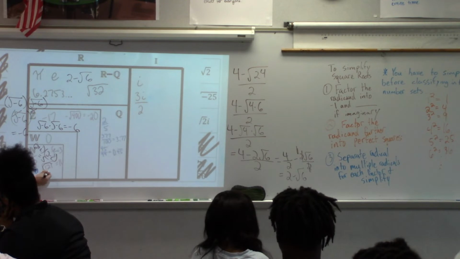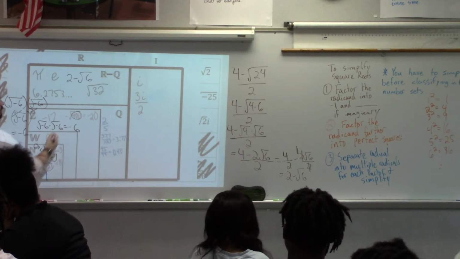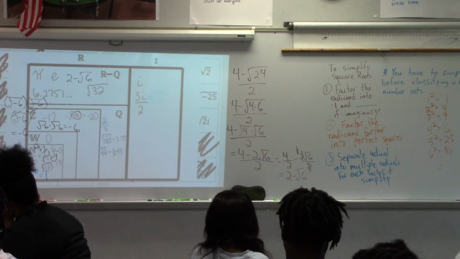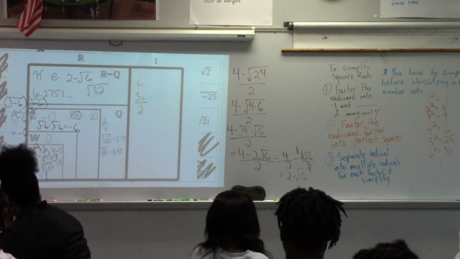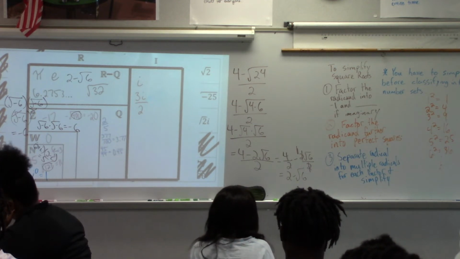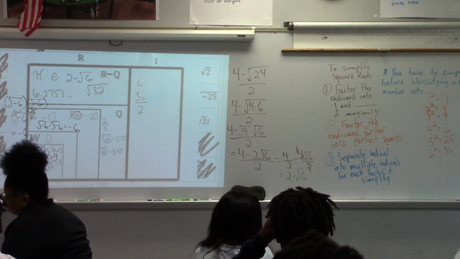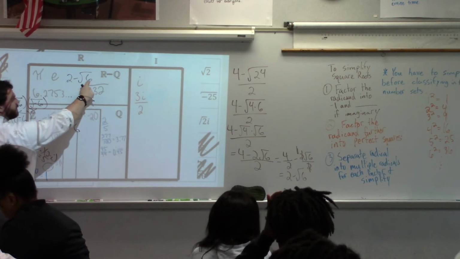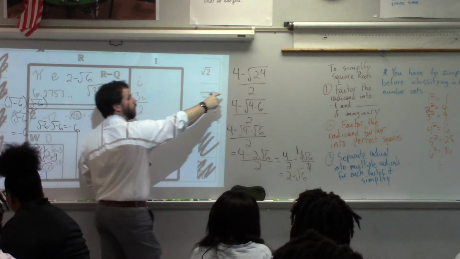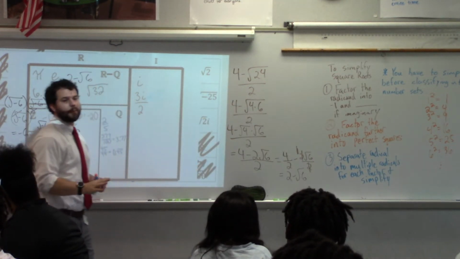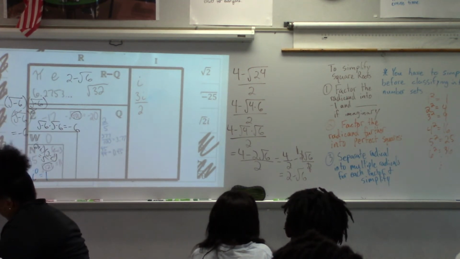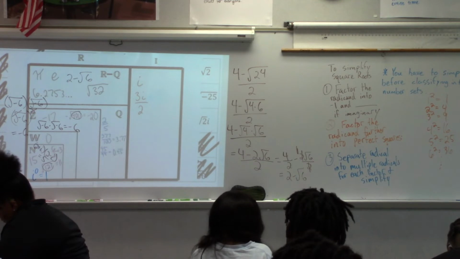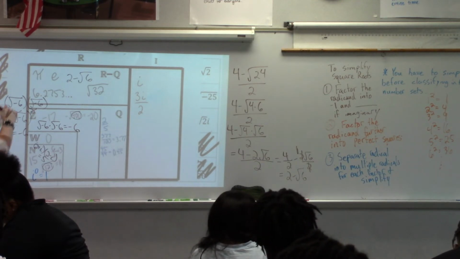So what's special about 121 and 400? 400 is a perfect square. 121 is a perfect square. Are 6, 32, or 24, any of those 3 perfect squares? No, sir. Okay, so if we take the square root of a non-perfect square, it's going to be irrational.